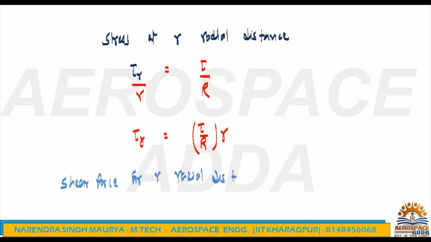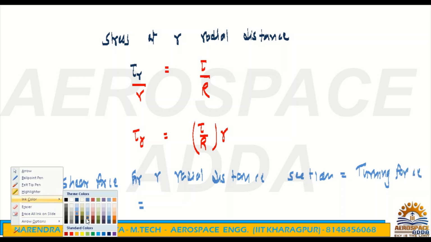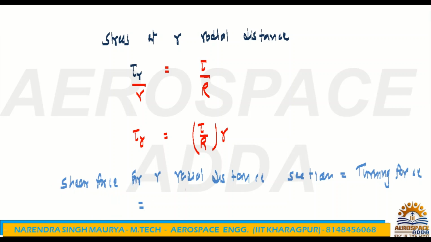The shear force for the section at radial distance r. Whatever the shear force is, it will be the turning force. Yes or no? Shear force will be the turning force. Turning force means it will try to rotate the shaft. This shear force will try to rotate the shaft. So this shear force I can write as F r.